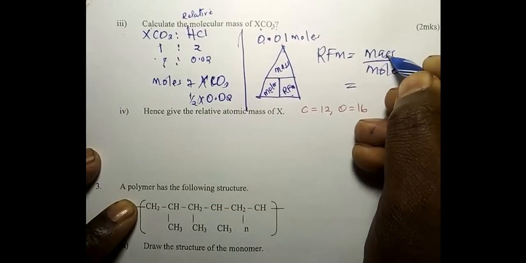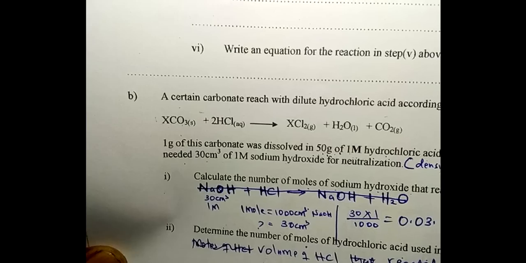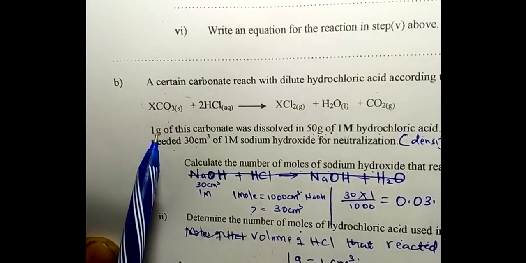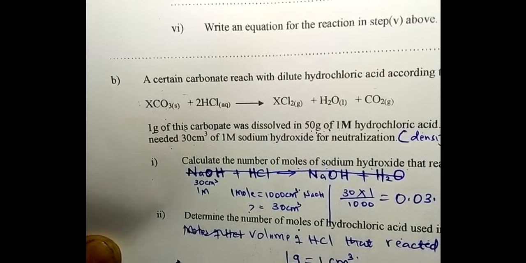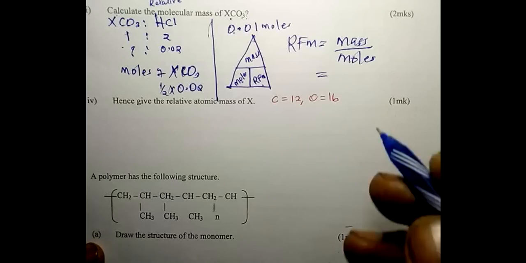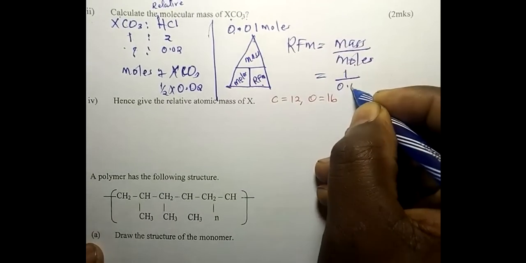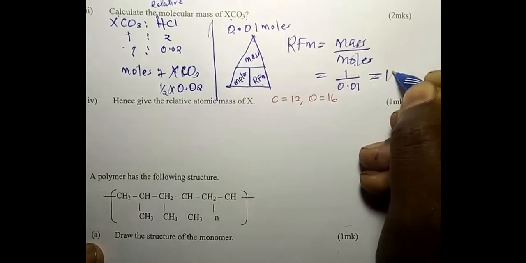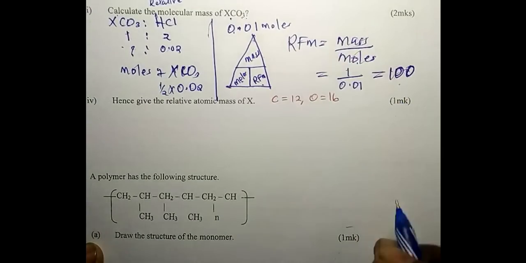Remember, the mass of the carbonate was 1 gram. 1 gram of the carbonate was dissolved in the 50 centimeters cube. Therefore, the mass is 1 gram. Therefore, 1 divided by the number of moles, which is 0.01. This will give us 100. Therefore, the RFM of the X carbonate is 100.